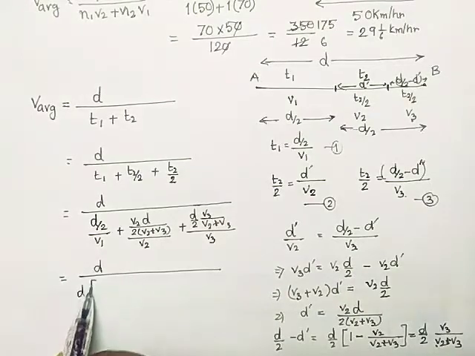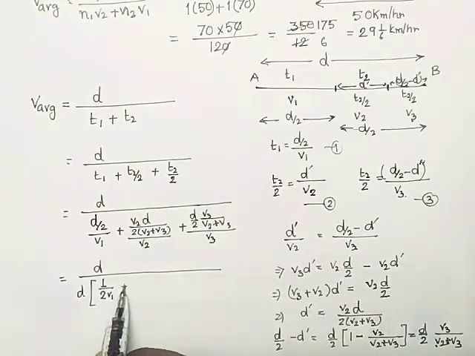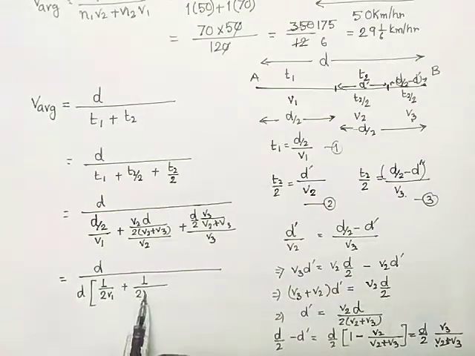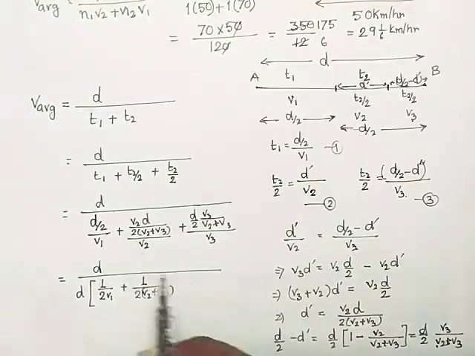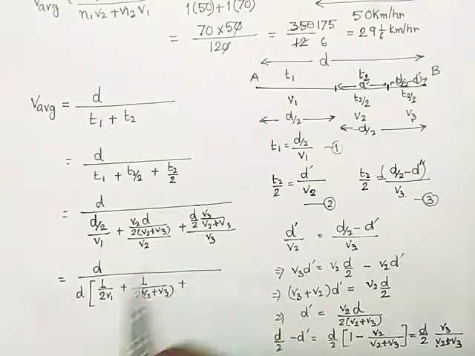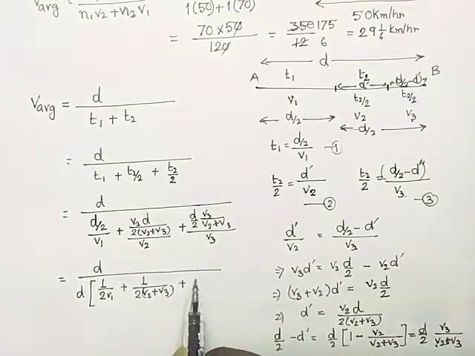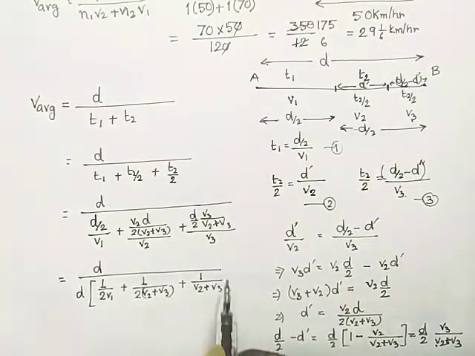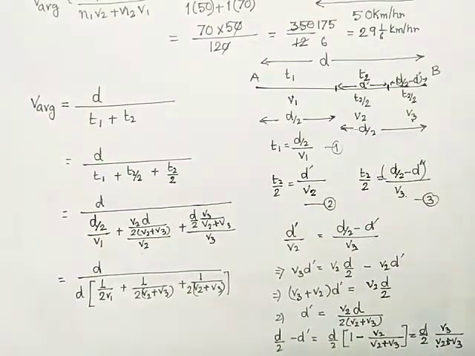If I take this d common, it will be 1 divided by 2 v1 plus 1 divided by 2 into v2 plus v3, because these v2 and these v2 cancel out and d is taken common outside. Here also d is taken common outside, v3 and v3 cancel out, so it will become 1 divided by v2 plus v3. Obviously 2 is here. So d and d cancel out.